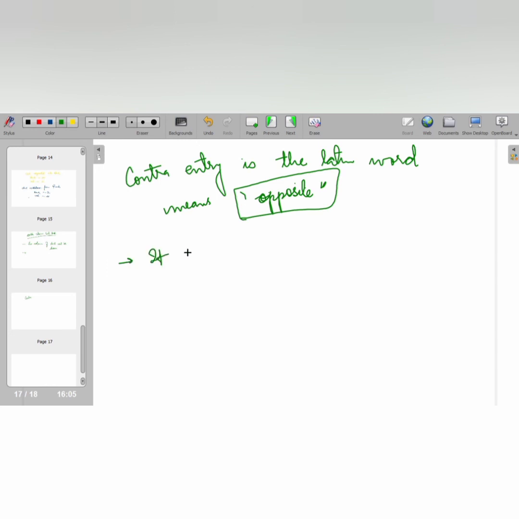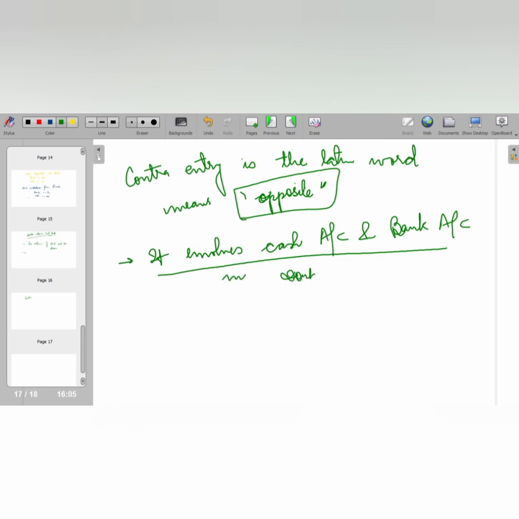It involves the cash account and the bank account, okay. It affects both the cash and bank account in the double column cash book.